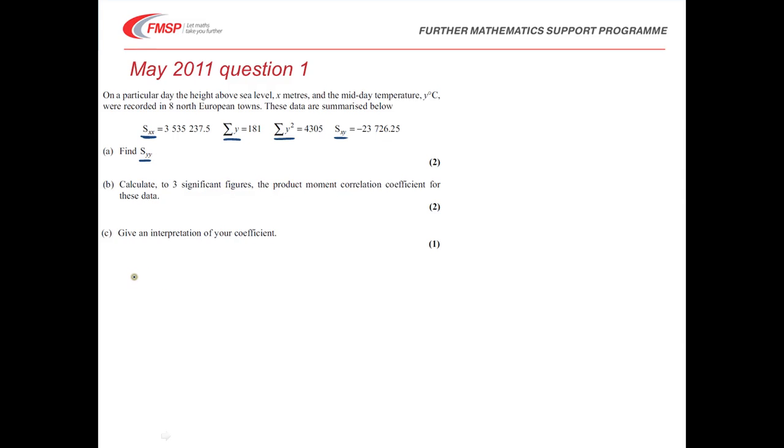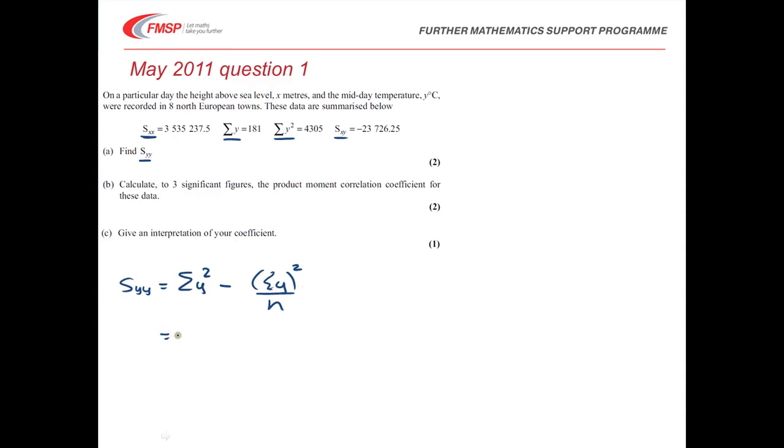So on your formula sheet, you are given the fact that SYY is equal to the sum of y squared minus the sum of y, all squared, over n. And this is where a lot of students go wrong with this particular question, because they do effectively the sum of y over n squared, and they square the whole thing rather than just the numerator. And this is by far the safest way of doing this type of question.